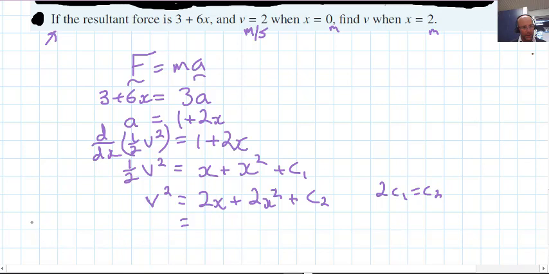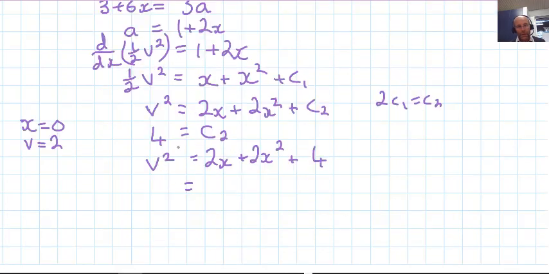Now, those initial conditions, we've got x equals 0. We have a corresponding v equals 2, so v squared will be 4, and that'll be c2. So that means that we can update the expression like that there.